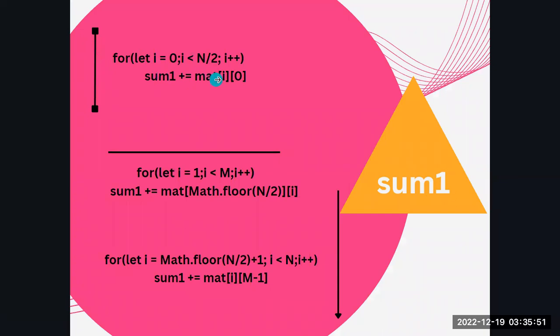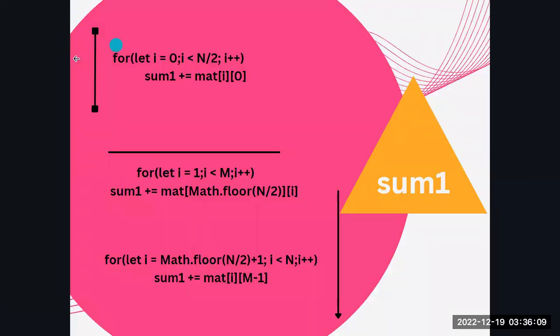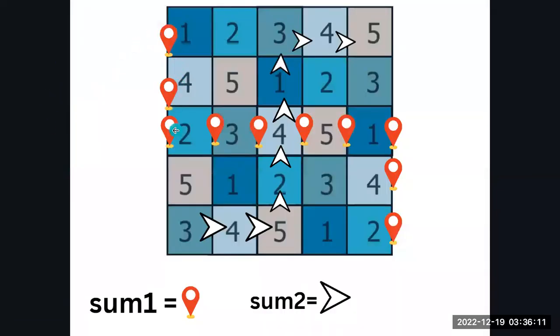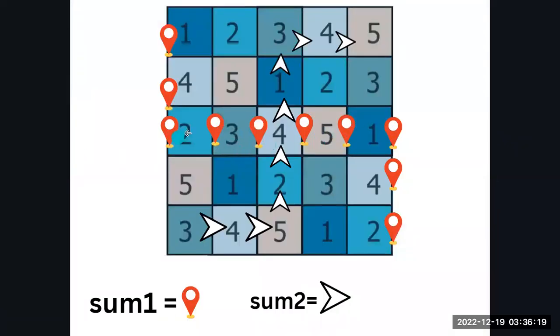We have to change the value of the column, like 0 1 2, and then 0 0 1 2. So we have to traverse from top to middle, 0 to less than n by 2.